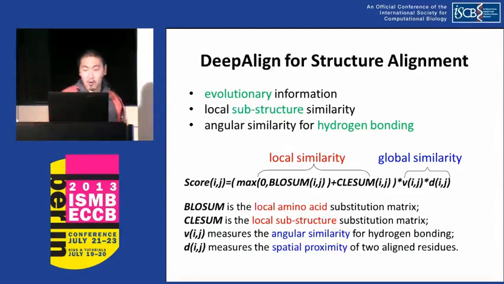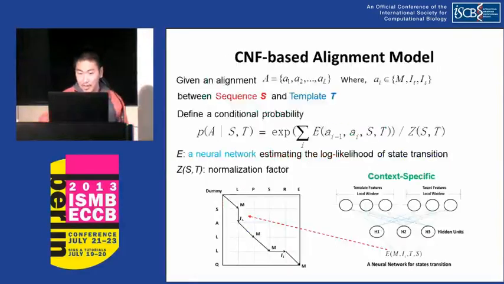Because these components are considered by human experts when doing manually curated structure alignments, our automatic structure alignment tools can generate alignments similar to those the human experts generate.